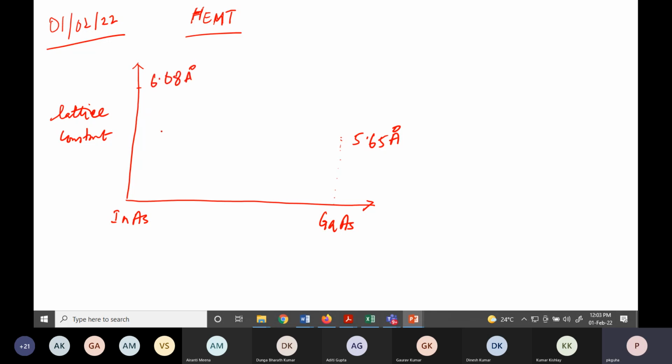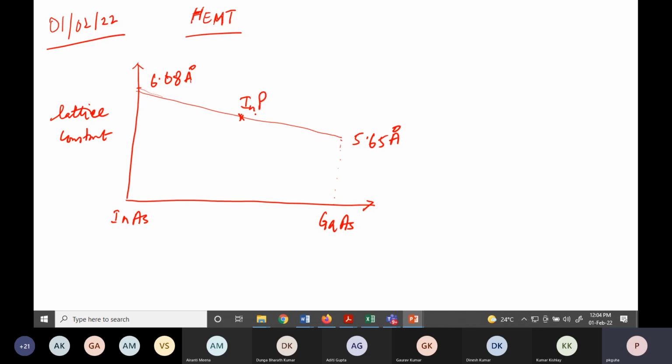So they have a quite poor lattice match. What people usually do is create this heterojunction on indium phosphide.